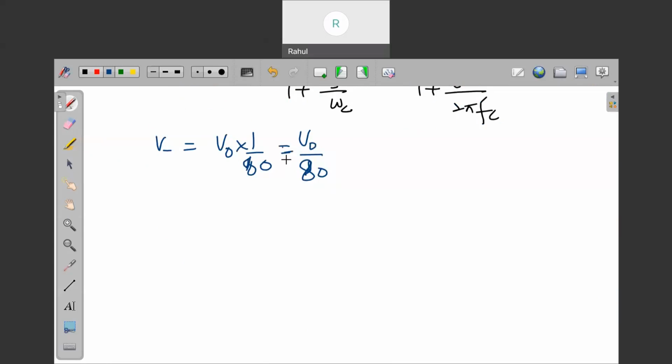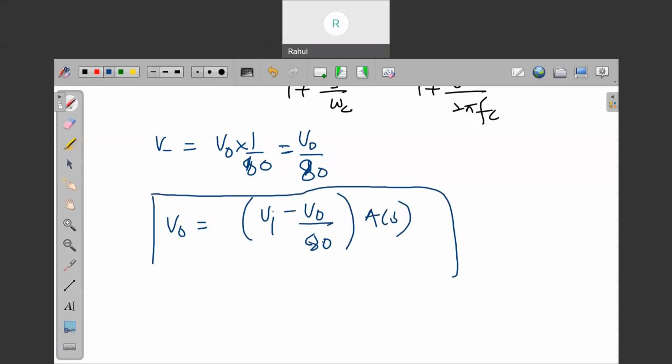So V naught will be equal to Vi minus V naught by 80, into A of S. This is the output for any op-amp. So V naught is the potential at the positive terminal minus the potential at the negative terminal, into the gain.